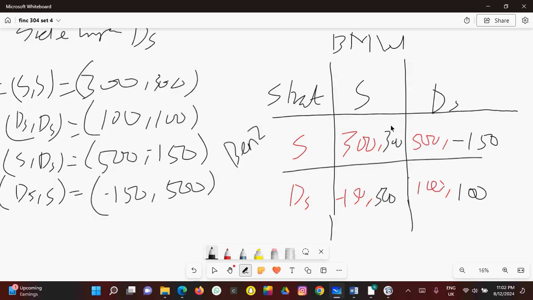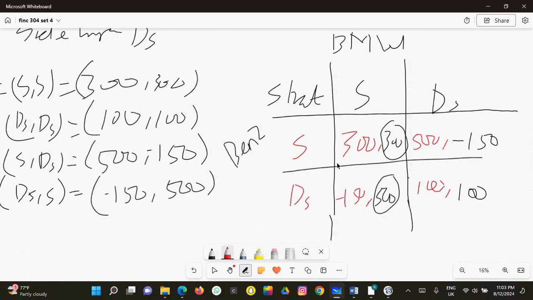So you can see that 300 is bigger, so you choose that one. And now if Benz decides not to make the side impact, we see that there's 500 and then there's 100. So the 500 is bigger, so we choose that one.